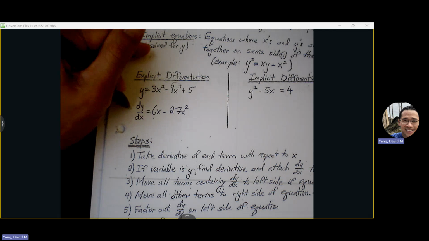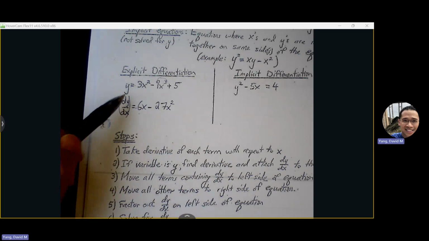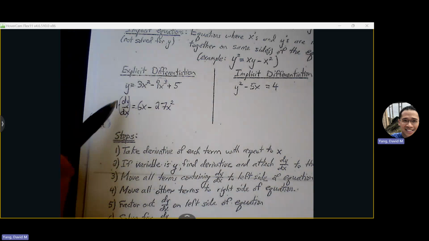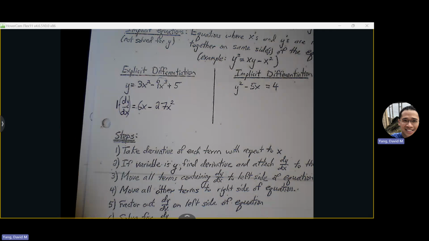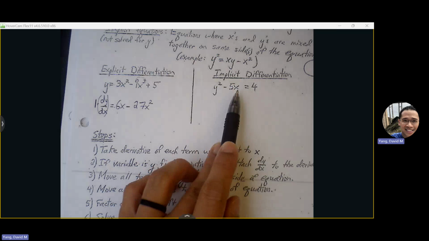So what we're really doing is finding the derivative of y, and then multiplying by dy dx. That's the key that's going to be different with implicit: sometimes our derivative may not just be a 1, it may be something else, but we're always going to multiply by dy dx whenever we're asking for y's derivative.